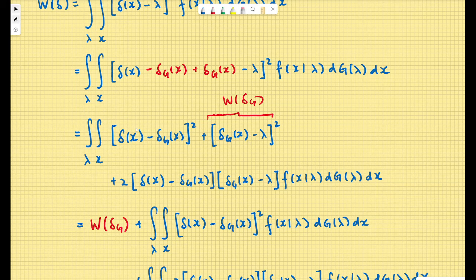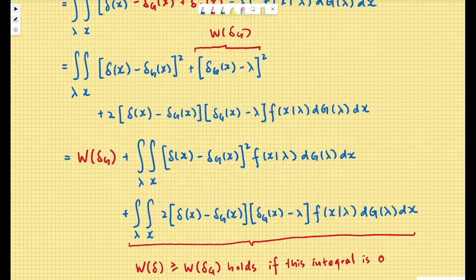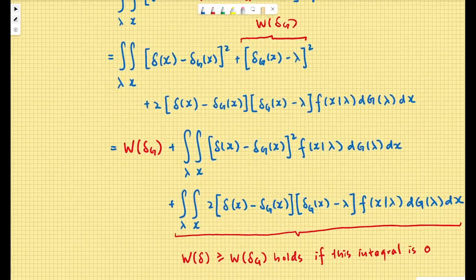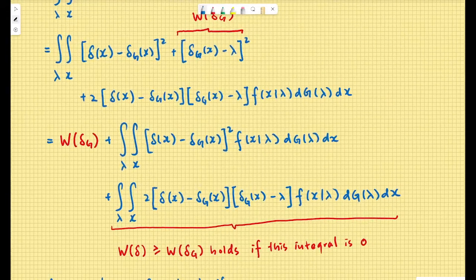That means the integration of the second term, I can take it out, and then I write here, it is exactly the minimized value of W. And then the other two terms are written here, the quadratic term and the cross product term. And the second quadratic term here, trivially, we know that it is non-negative, right?